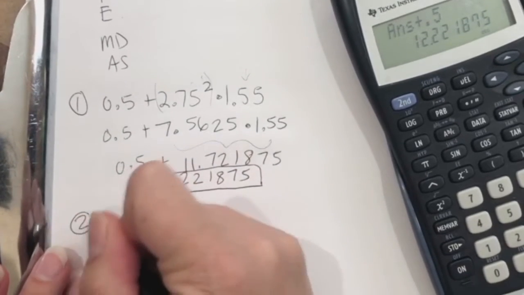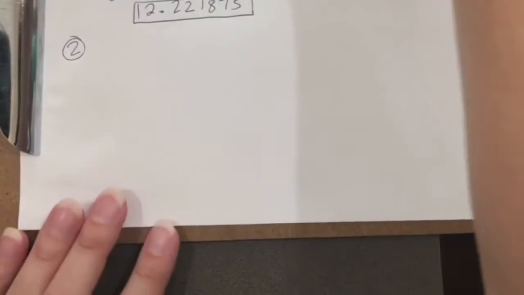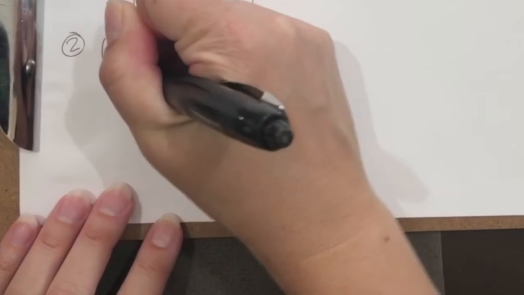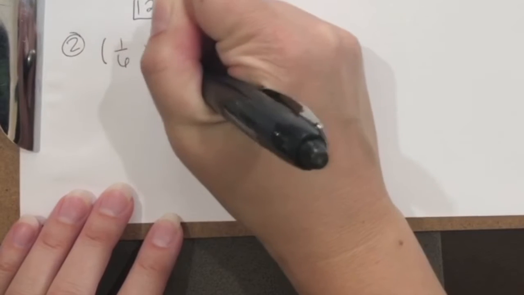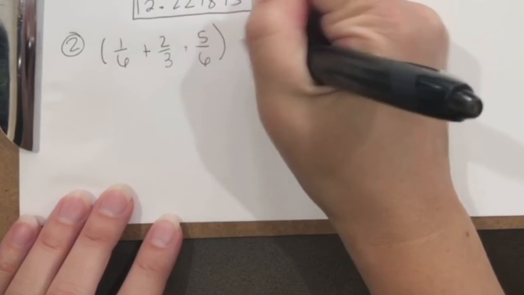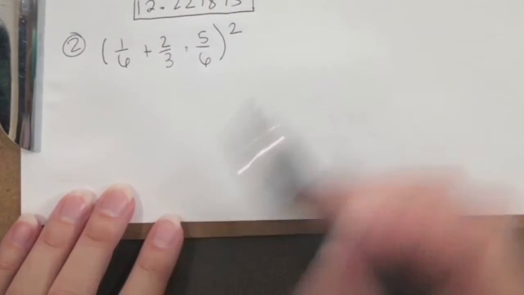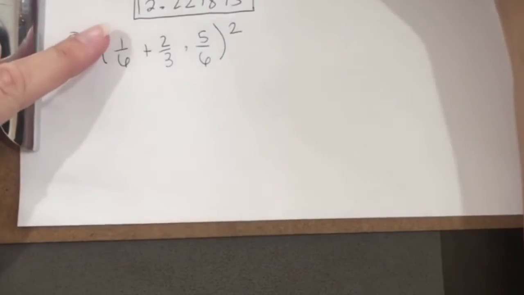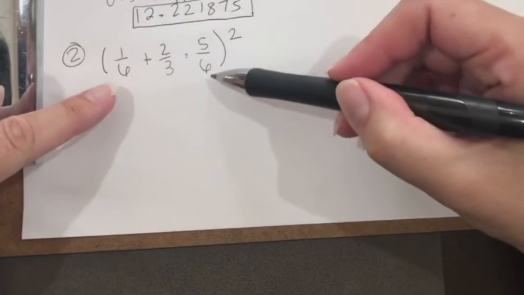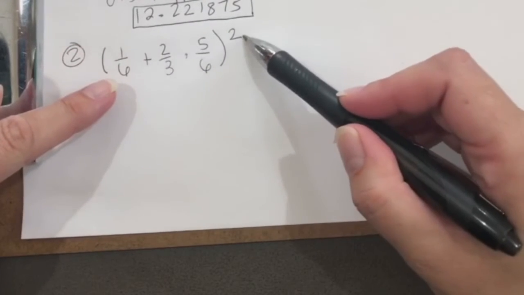All right, number 2. Parentheses, 1/6 plus 2/3 times 5/6, close parentheses, all of that squared. So parentheses first. We've got to do what's inside the parentheses first, and then whatever we get, we're going to square that.